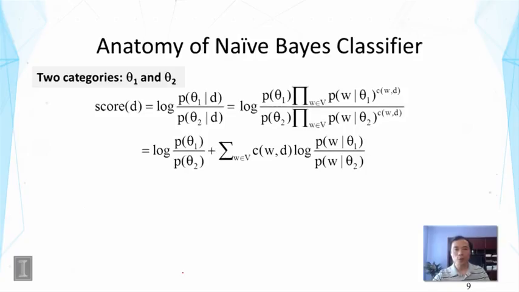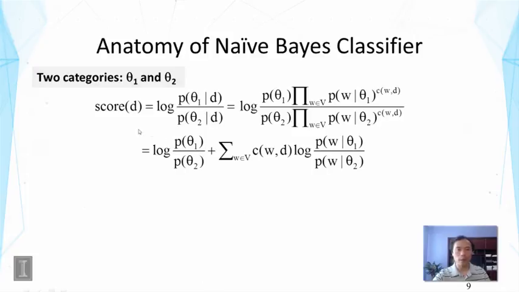Now, it's useful to further understand whether the naive Bayes scoring function actually makes sense. To understand that, and also to understand why adding a background language model will actually achieve the effect of IDF weighting and penalize common words, suppose we have just two categories, and we're going to score based on their ratio of probability.